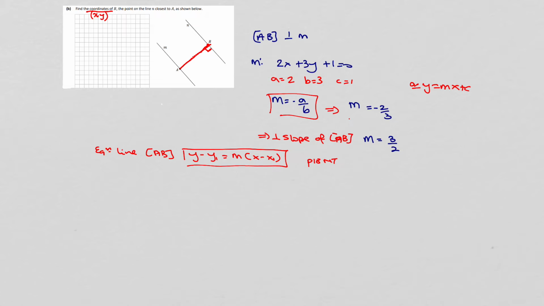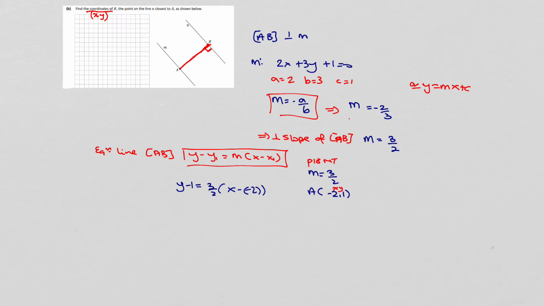Making sure we're subbing in the correct slope, the perpendicular slope, and the point A, which we said was minus 2, 1. So we have y minus y1 equals m times x minus x1, making sure you're using brackets when subbing in.